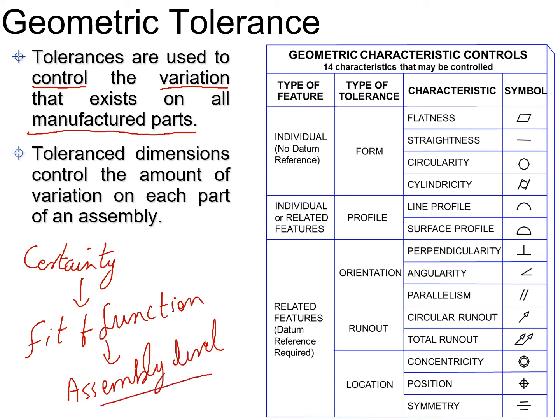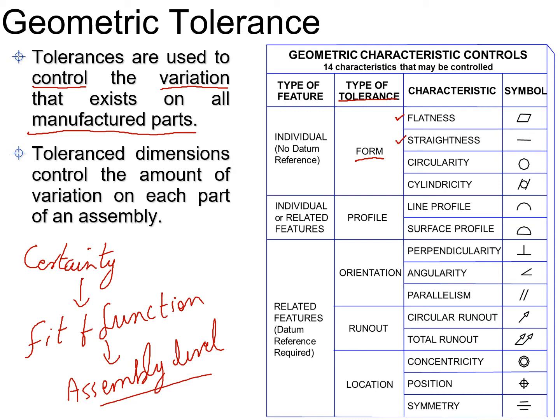For that purpose, we use these different types of tolerances, and the one that is very common in GD&T is form tolerancing. And these form tolerances, as we already discussed with flatness in the previous slide, we like to see how flat a surface is. Then the other is the straightness.